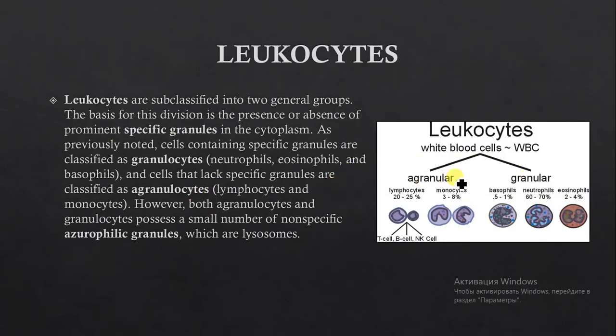Then leukocytes. Leukocytes are the white blood cells, and they are named white blood cells because we started to learn what blood is just after the invention of the microscope. After the invention of the microscope, investigators started to observe every single thing they found.